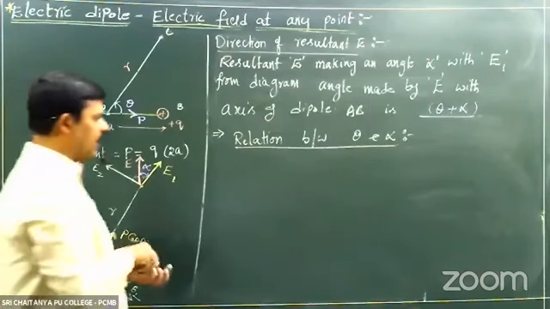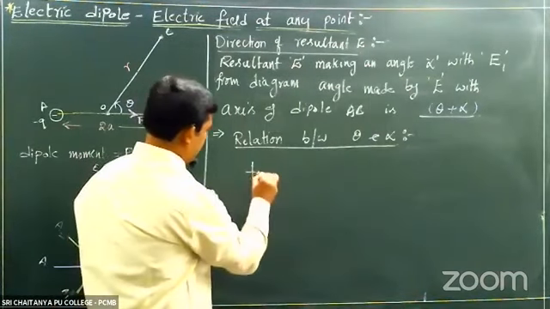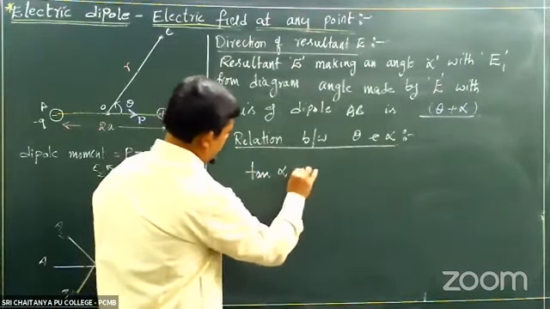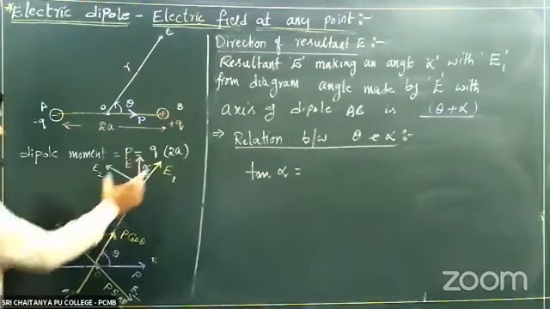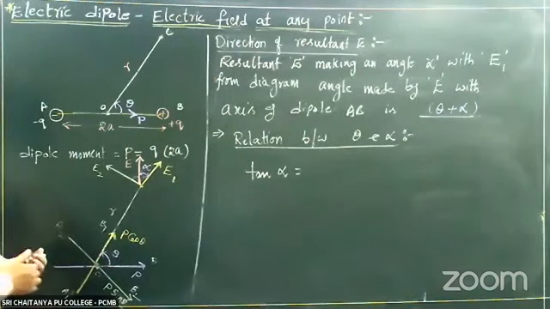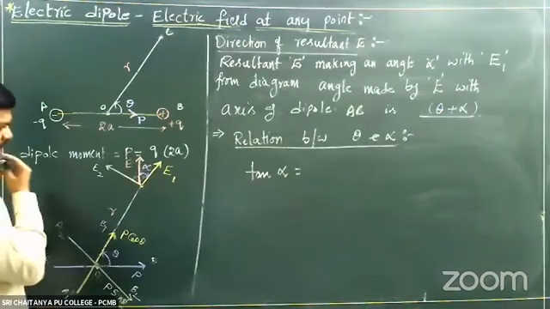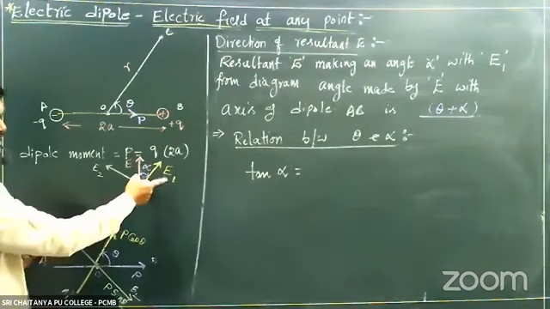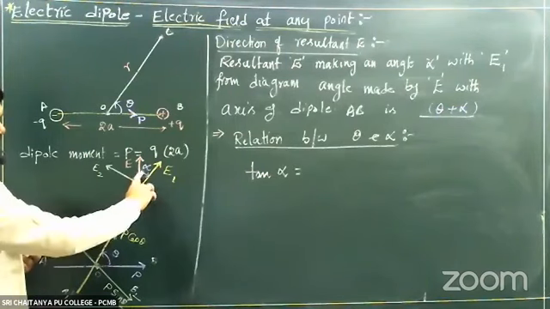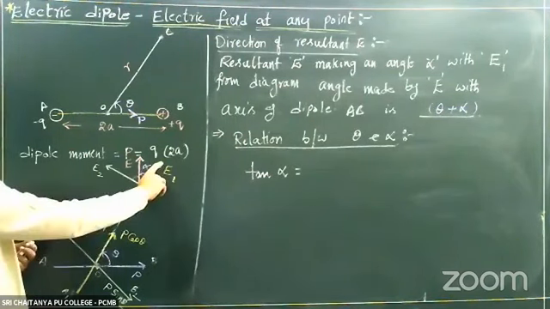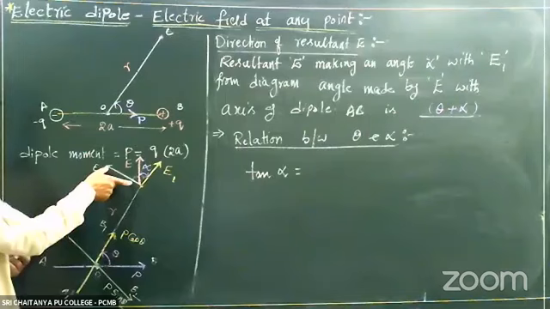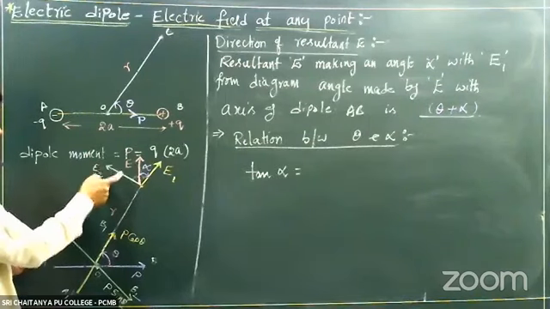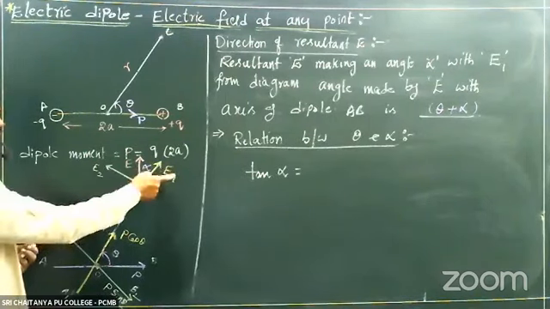What is tan alpha? Tan of this angle is opposite side by adjacent side. It is making an angle with E1, so this is the adjacent side, this is the opposite side. Tan alpha means E2 by E1.